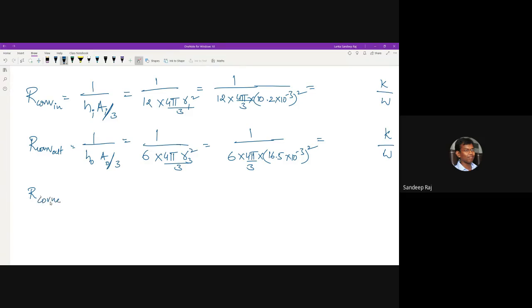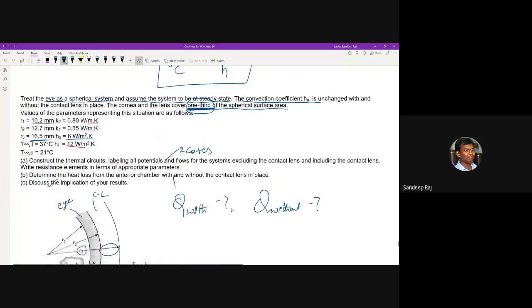And R cornea, you have to take R cornea. Now it is a solid sphere. If that is the case, the R value is 1 by 4 pi k into 1 by R1 minus 1 by R2. The k is k1 here. The k1 value is given as 0.35 watt per meter Kelvin.